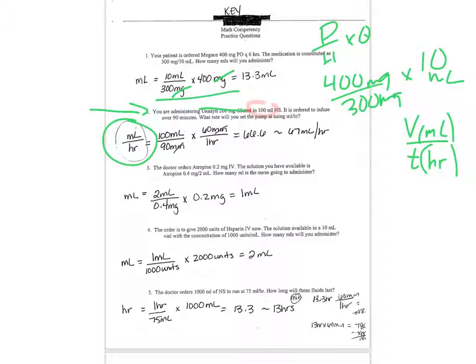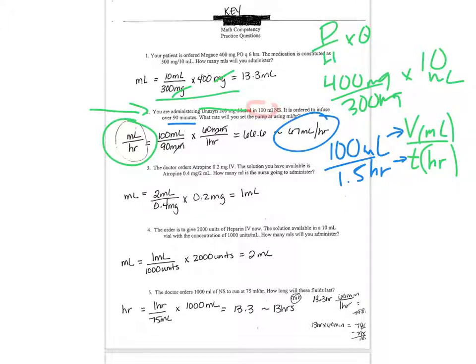So volume divided by time, 90 minutes. Since that's in minutes, you really want it in hours. 90 divided by 60 is an hour and a half, so you would just use 1.5 instead. If you used 100 milliliters divided by 1.5 hours, you would also get 67 milliliters per hour. You get the same thing.